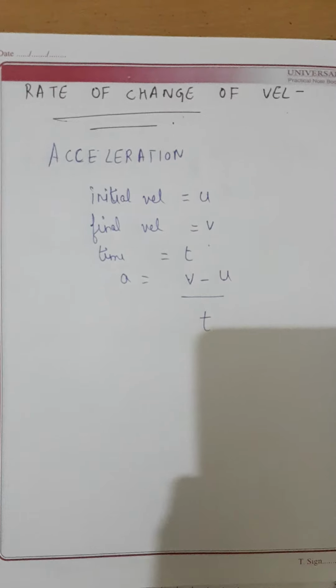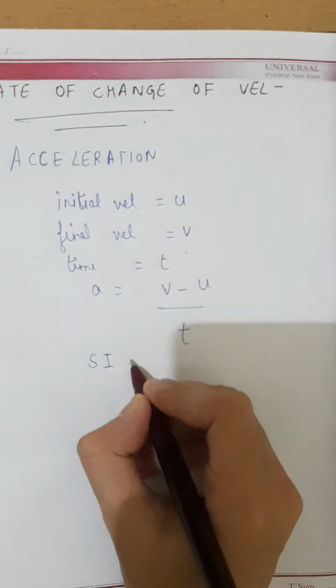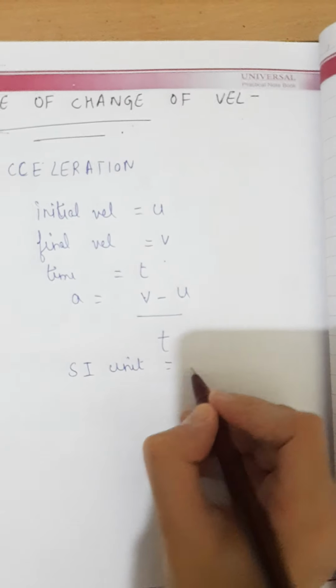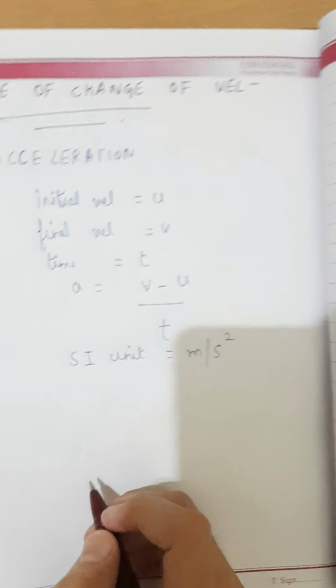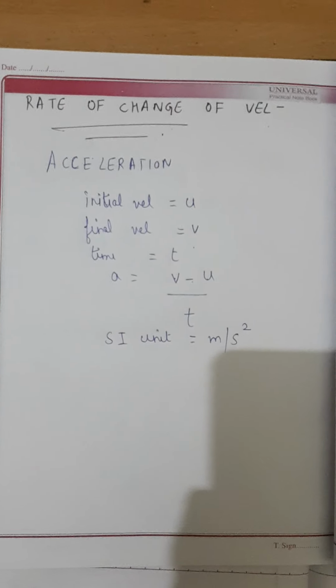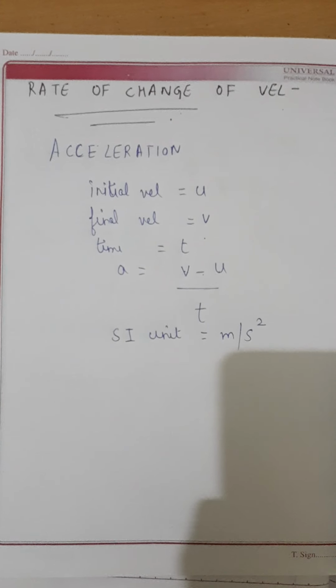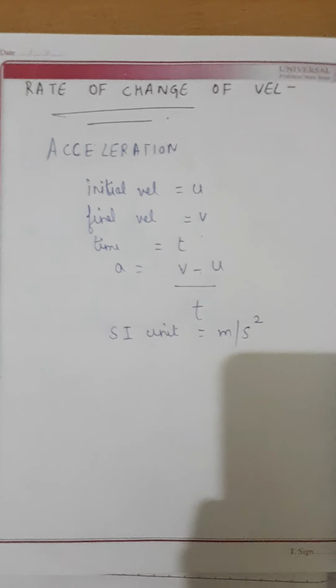Now what will be the SI unit of acceleration? The SI unit of acceleration is meter per second square, as you can see from the formula also. Now the velocity is changing. Either it can increase or it can decrease, right?